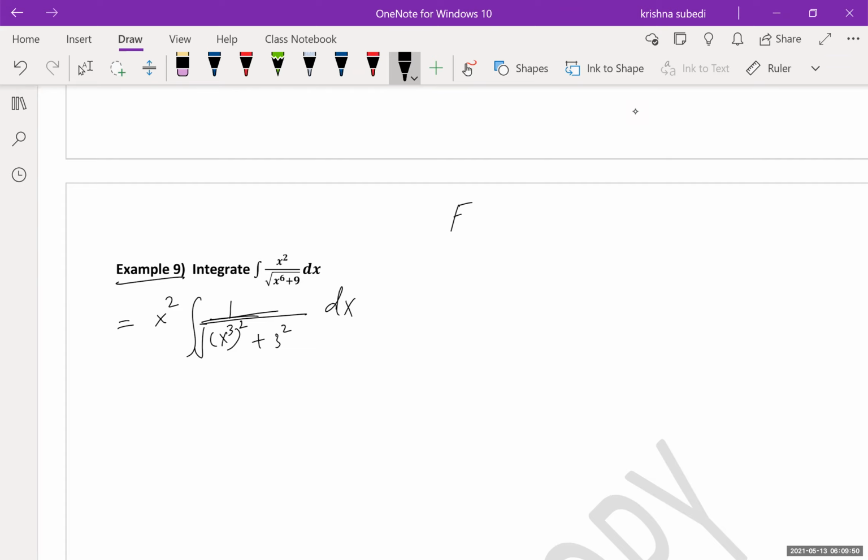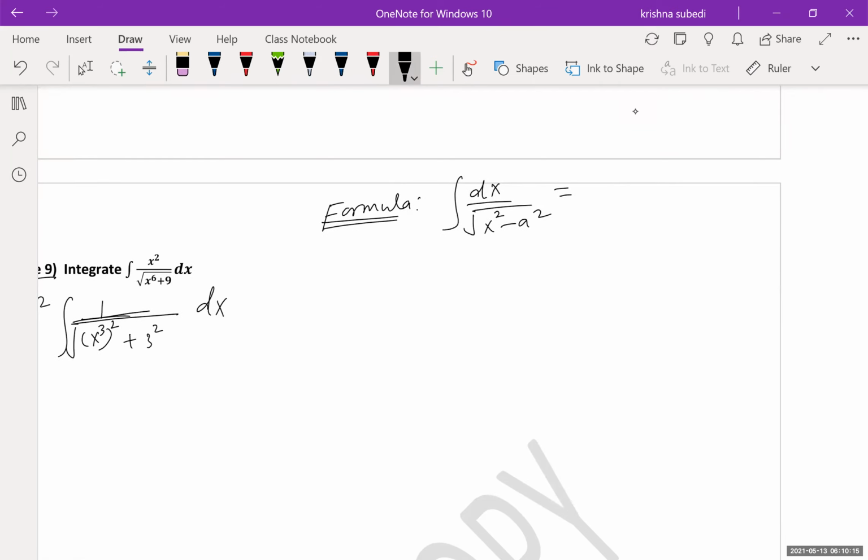Let me just copy that formula, okay? So the formula is this: integration dx over square root x squared plus a squared, right? That's what it is. So the formula is this.